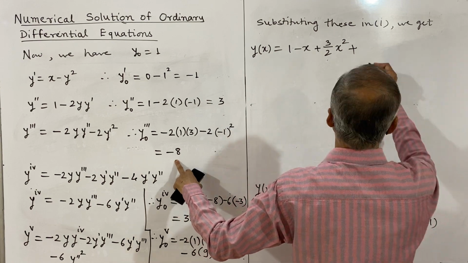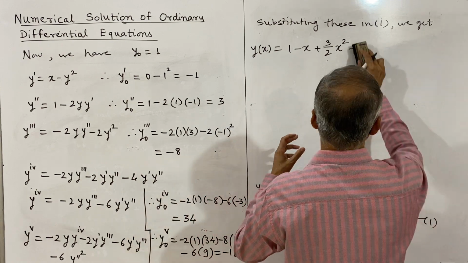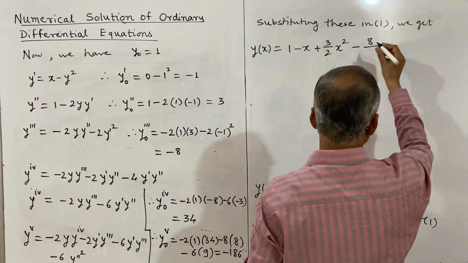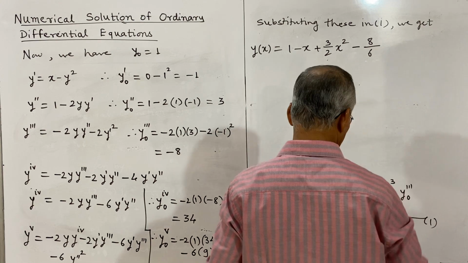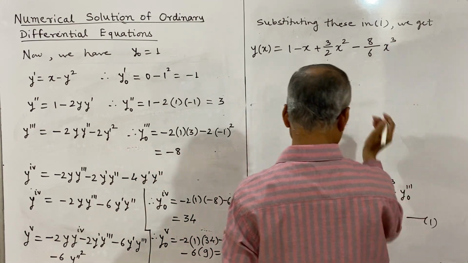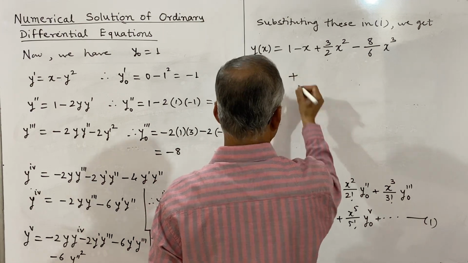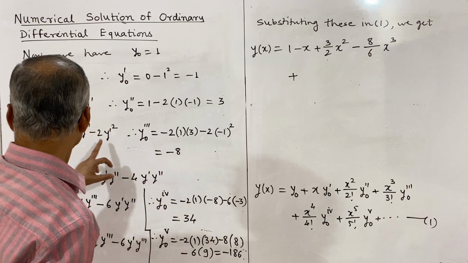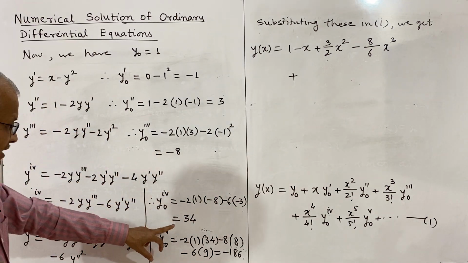So, this is negative, minus 8 upon 3 factorial, 3 factorial is 6, and into x cube. Next is plus x raised to 4 by 4 factorial, and the fourth order derivative here we have is 34.